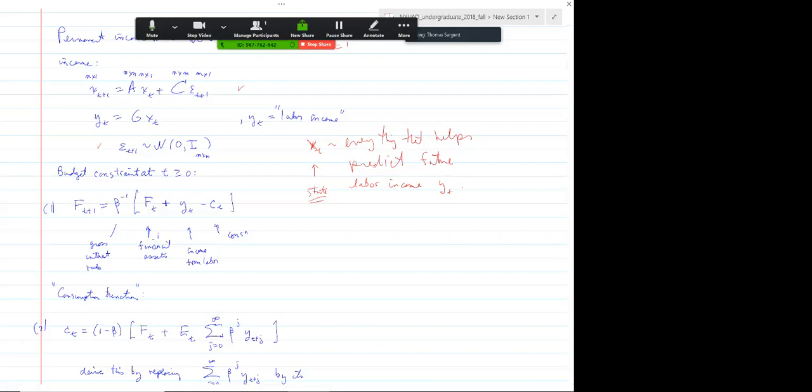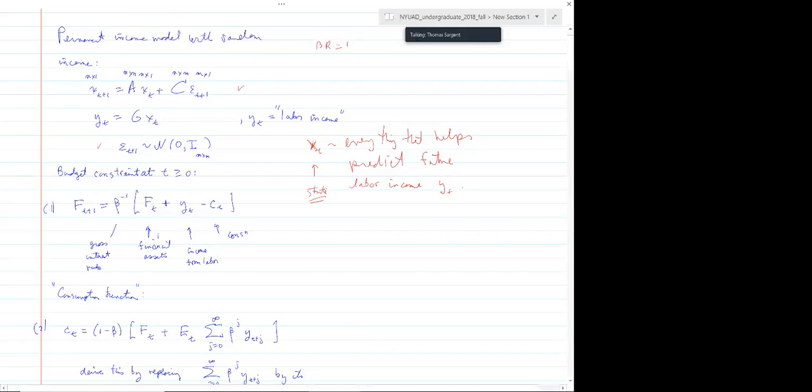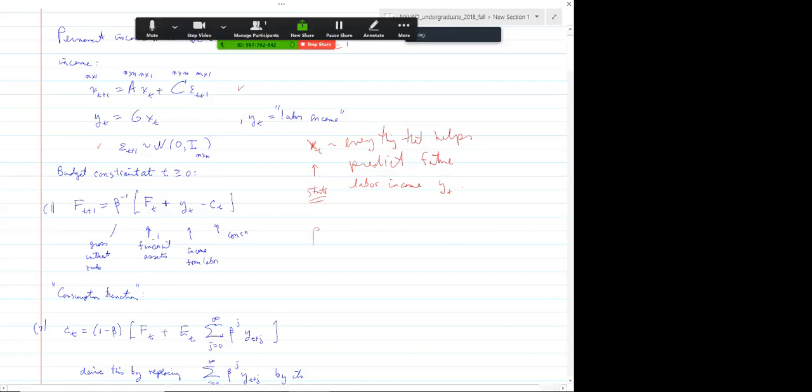So FT now is what AT was in the previous couple lectures, and this is exactly the same equation that we had in the last couple lectures. So beta inverse is equal to capital R. Just remind yourself: next period's assets are equal to beta inverse times this period's assets plus how much I save. And my labor income here is exogenous.